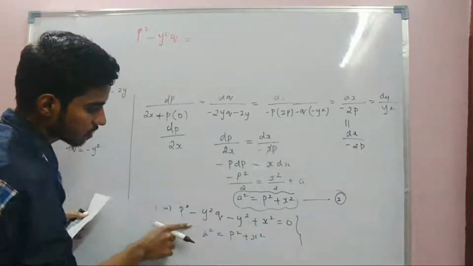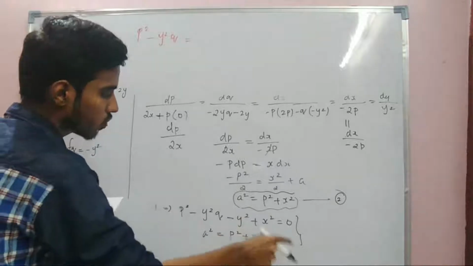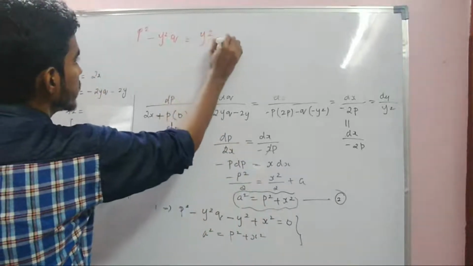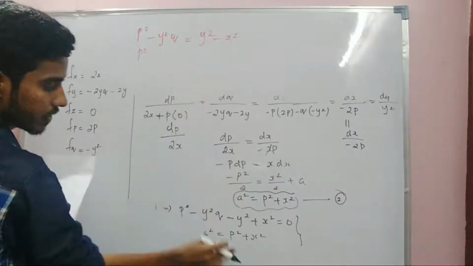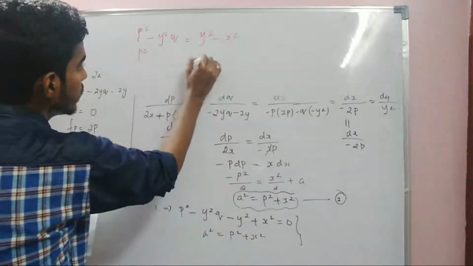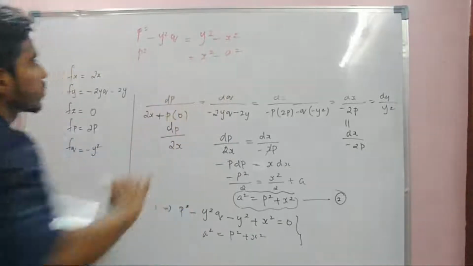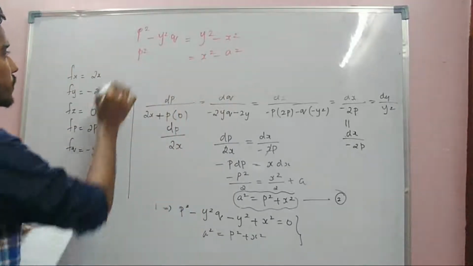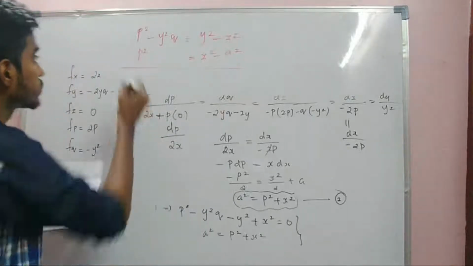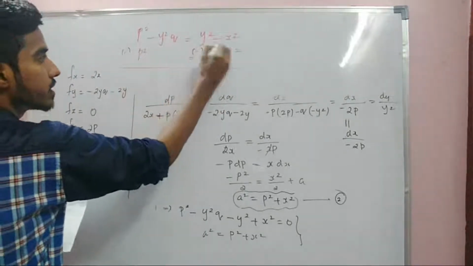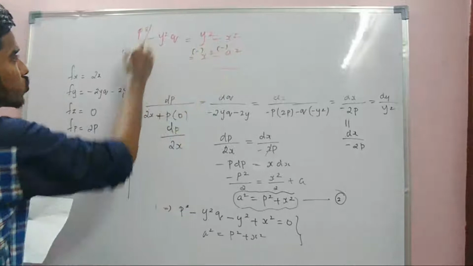So we will keep this here and change this term to this side. Here we will have p square, and we don't have q here, so this will be x square minus a square. Now if I subtract this, these two terms will get cancelled.